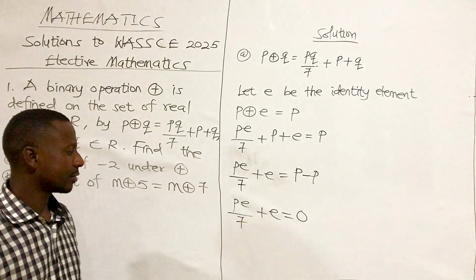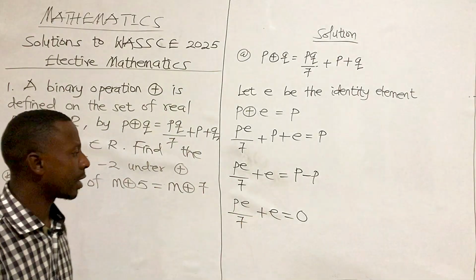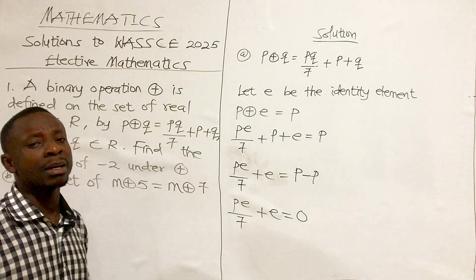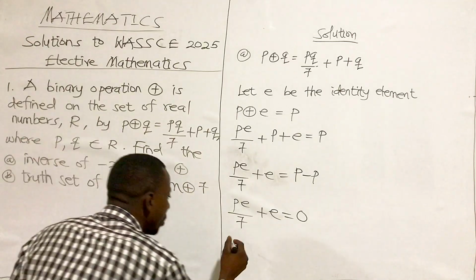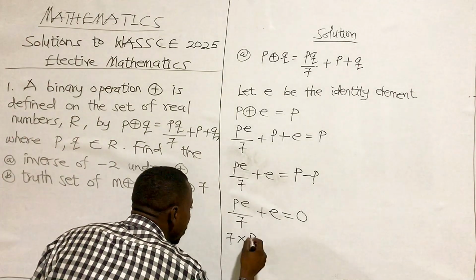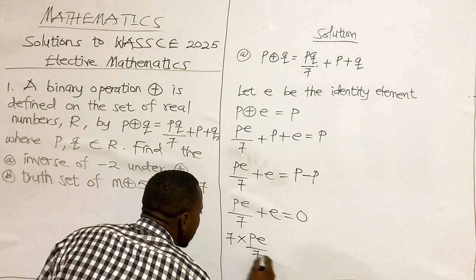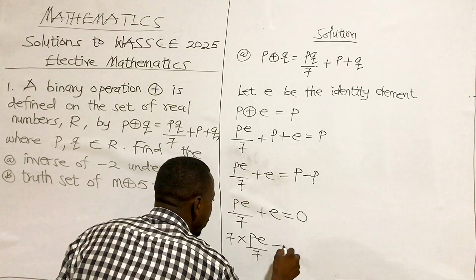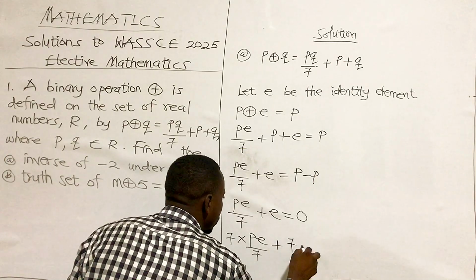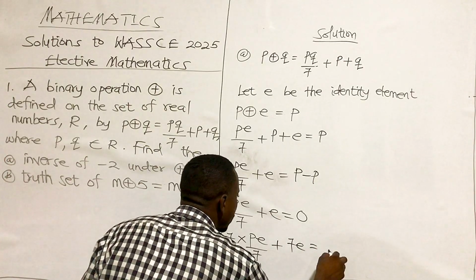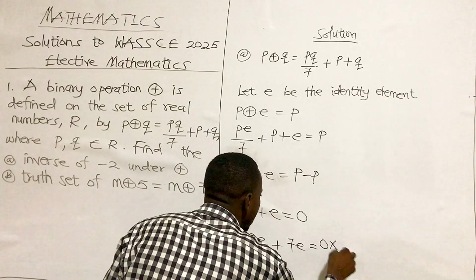From here, we multiply each side by 7. So we have 7 times PE over 7 plus 7E is equal to 0 times 7.